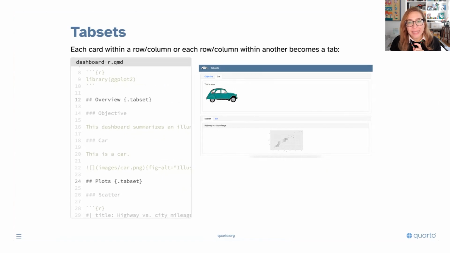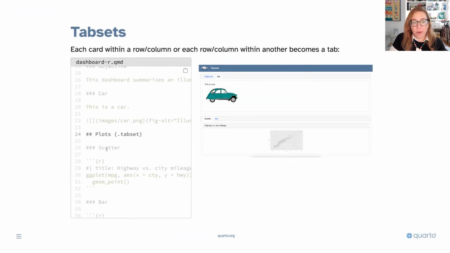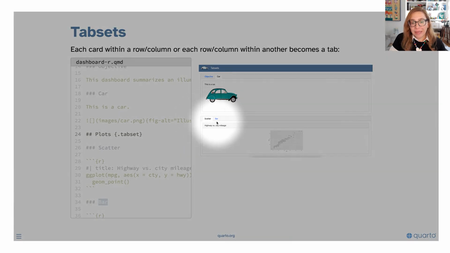And we can see that inside of my first row, I have two tabs. Those are my third level headings, objective and car, being translated to two tabs in my dashboard. And similarly, in my plots row, I have scatter and bar that end up being the titles for the tabs for that second row.